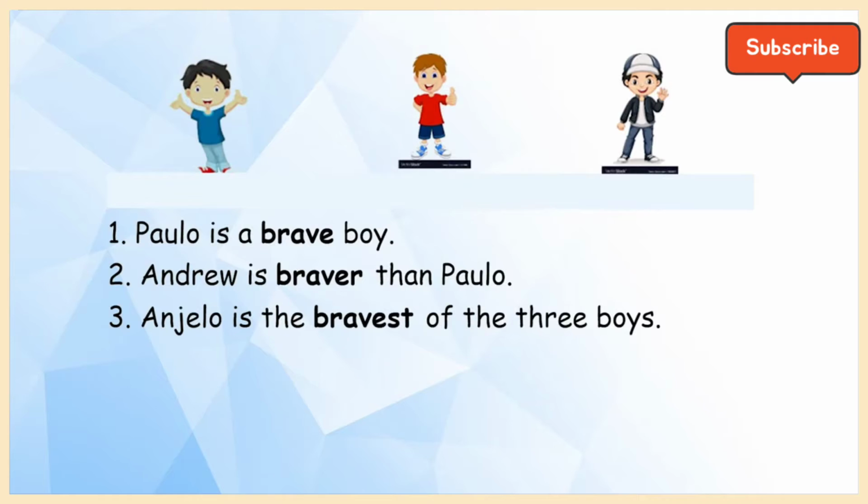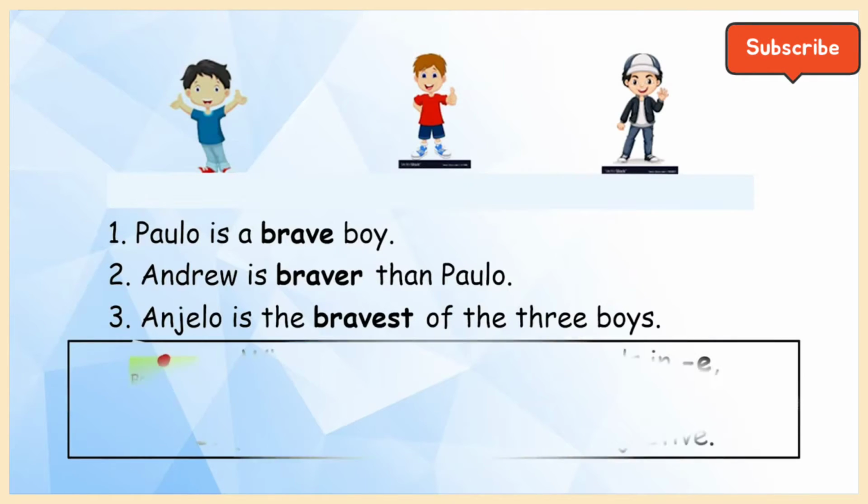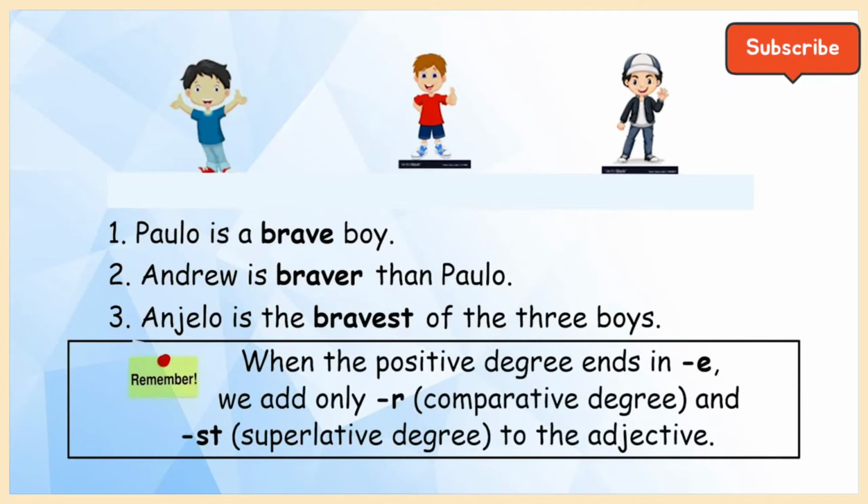In sentence 2, which is comparative degree, what is added to the word brave? In sentence 3, which is superlative degree, what is added to the word brave? When the positive degree ends in E, we add only R for comparative degree and ST for superlative degree to the adjective.